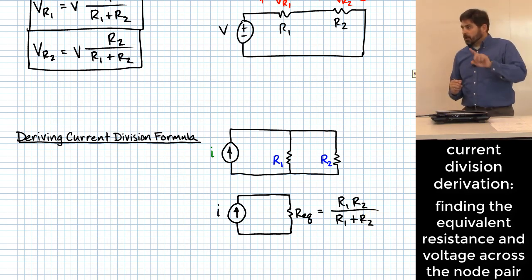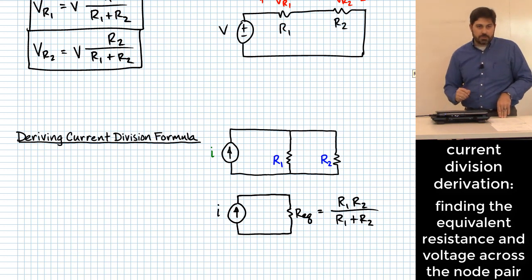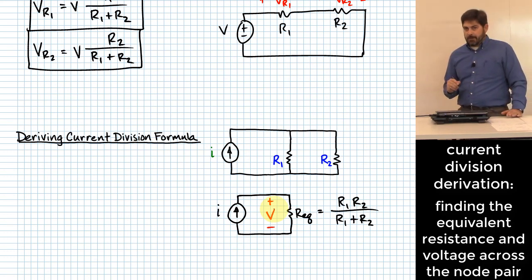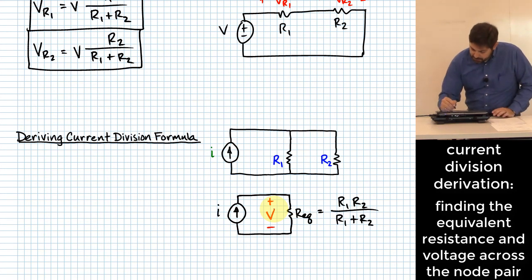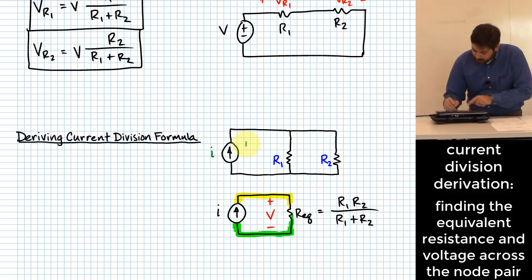Now, what does that do for me? If I know the current is I, and I know the equivalent resistance is this expression R1, R2 over R1 plus R2, can I figure out voltage? I sure can. That voltage comes from the voltage across these two nodes, here and here. Those two nodes, if I identify them on the original circuit, would be here and here.